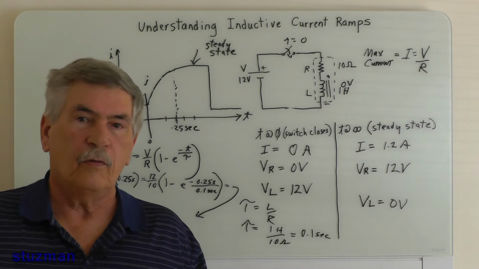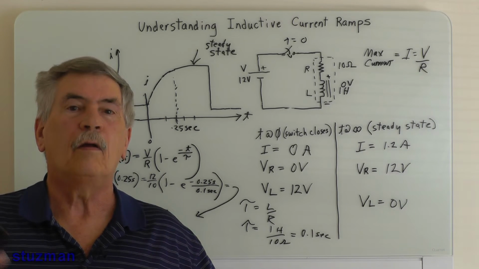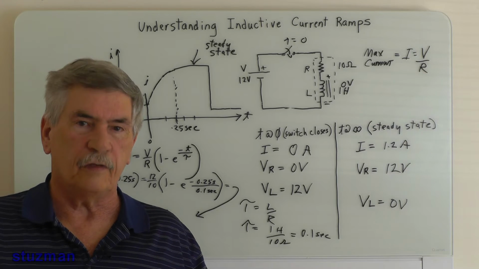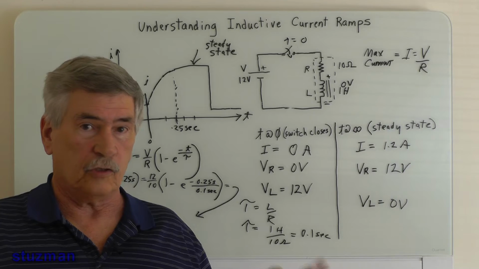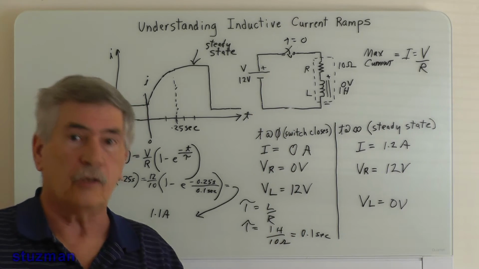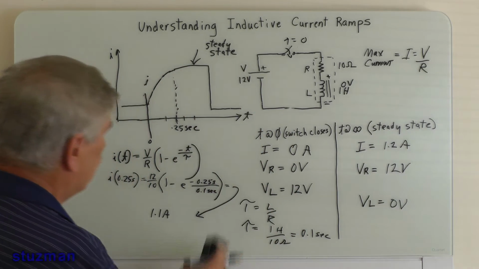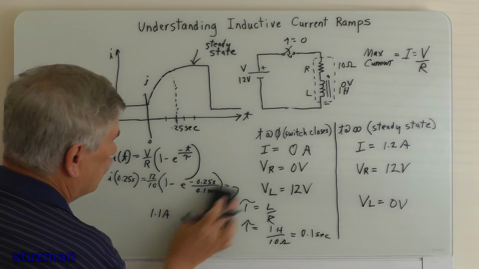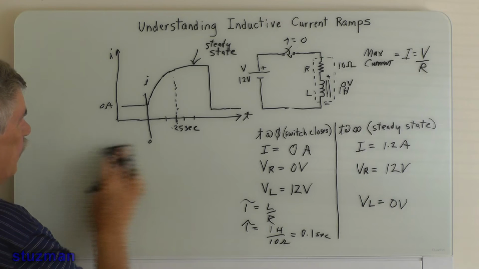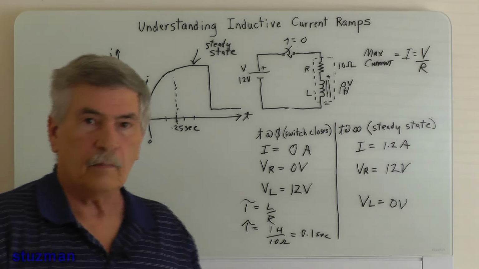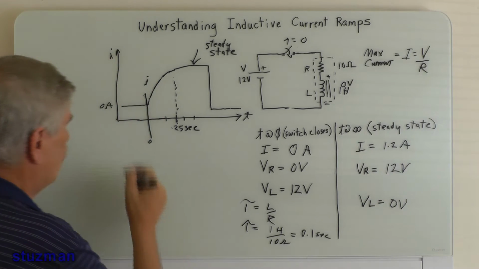Now you might be wondering, what about the voltage? Can you calculate the voltage across the inductor at any time? Because you know it's coming down as the current is going up. Well, yes, we can. We have another equation, and that one also follows an exponential curve, but it's a little bit simpler.